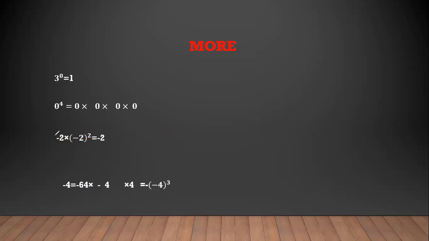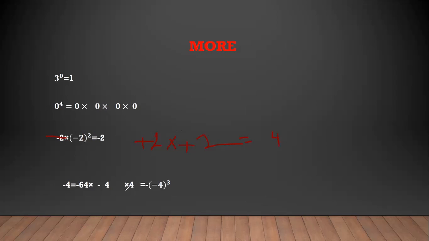Again, this is a mistake to avoid. Negative 2 power of 2 means negative 2 times negative 2. Negative and negative will be a positive number. 2 times 2 is equal to 4. So negative 2 power of 2 is equal to 4.